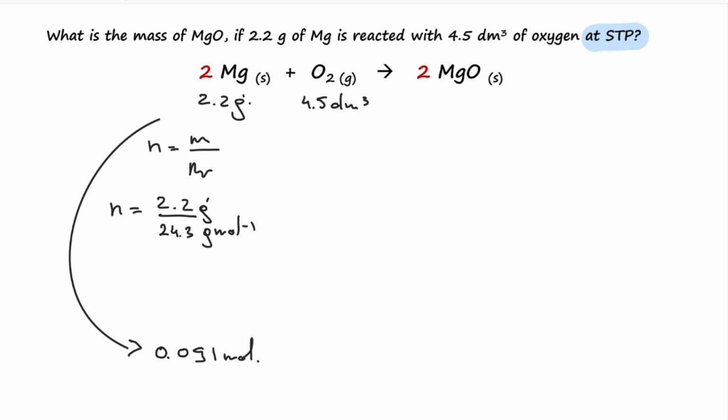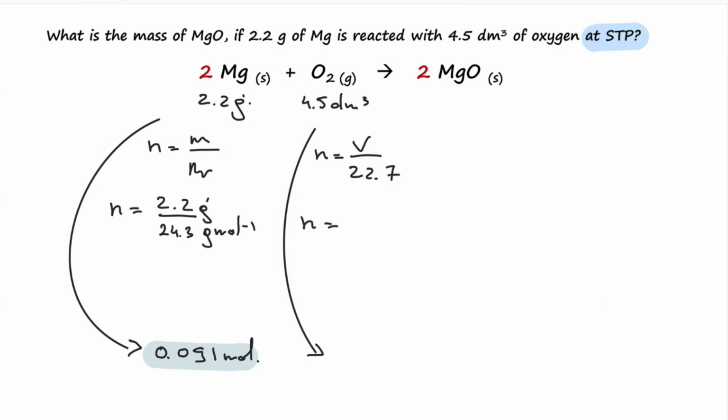Okay, so we will get the number of the mole of the magnesium, and the same you will do for oxygen. Here you will use a third formula, so volume divided by 22.7.